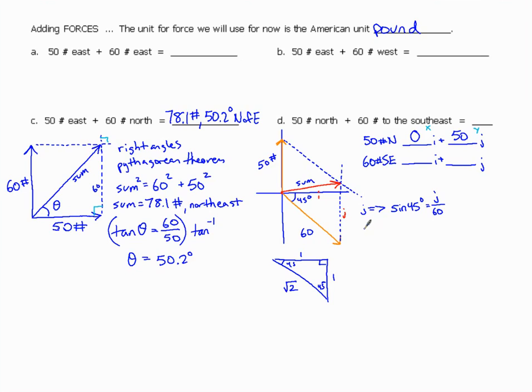The minimum step that you would show in your work is J equals 60 sine of 45 degrees. So you could skip the top step, but this is your minimum showing your work step. And so we find that J equals 42.43.